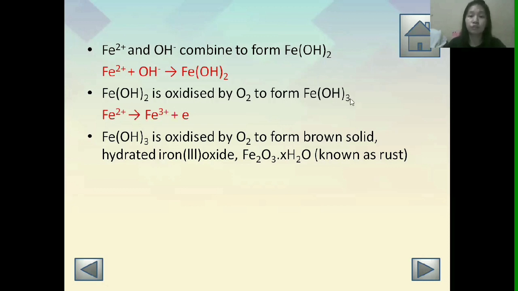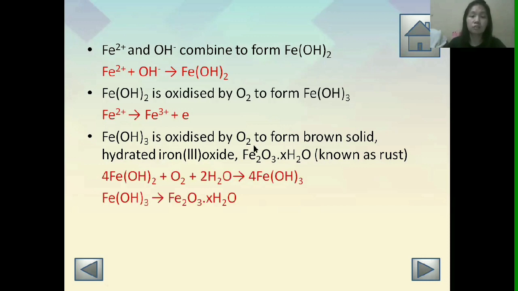In this stage, the iron 2 ion is oxidized to iron 3 ion. Then the iron 3 hydroxide is oxidized by oxygen to form a brown solid. The brown solid is hydrated iron 3 oxide, and this hydrated iron 3 oxide is also known as rust.